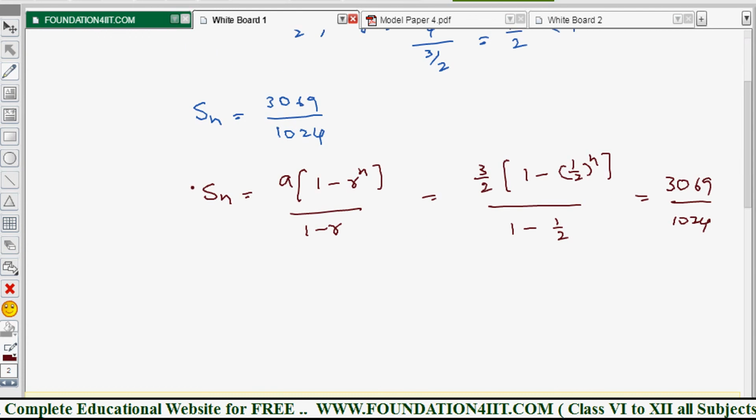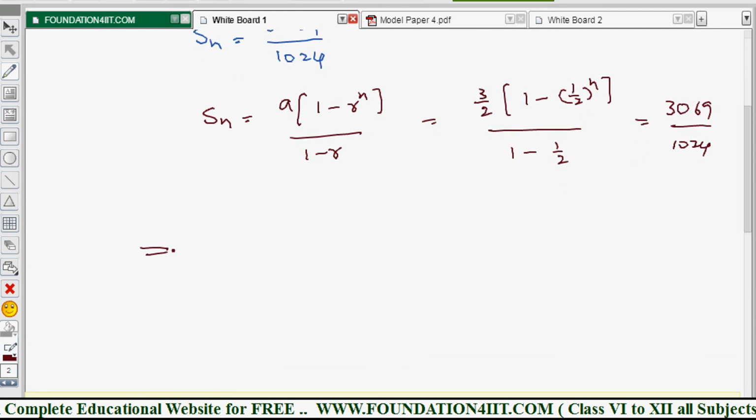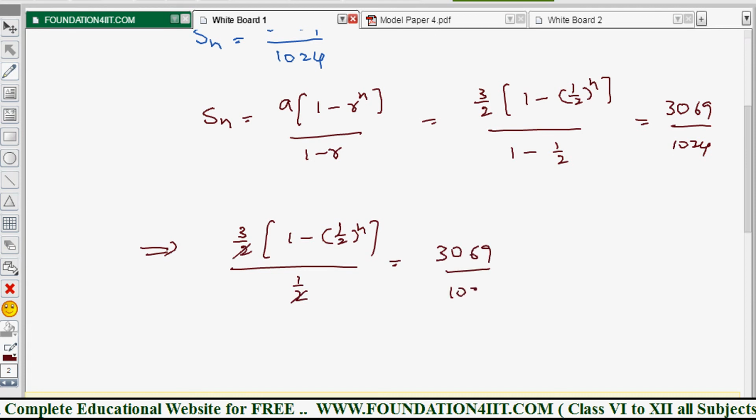So let us solve this to find the value of n. If you take 3 by 2, times (1 minus (1 by 2) to the power n) by (1 minus 1 by 2), which is again 1 by 2, the 2s get cancelled, and that is 3069 by 1024.